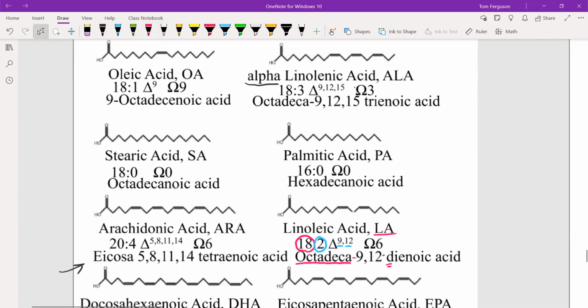Okay, so this is Flashcard City. There's also, as I was saying before, gamma linolenic acid, GLA, and that is an omega-6.